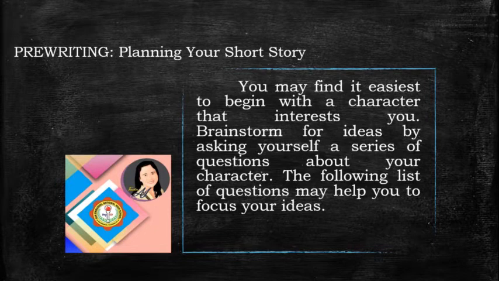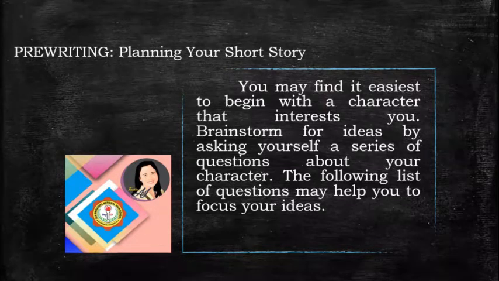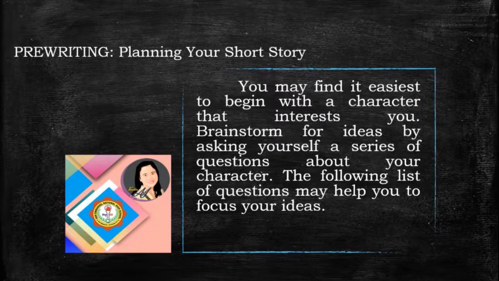You may find it easiest to begin with a character that interests you. So brainstorm your ideas by asking yourself a series of questions about your character. What do you want your character to be like? Do you want the character to be enthusiastic, or horrific? It depends upon you. The following list of questions may help you to focus your ideas.